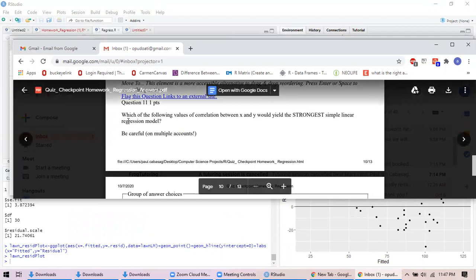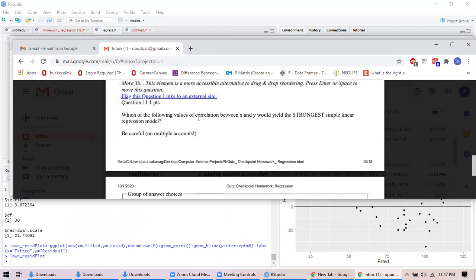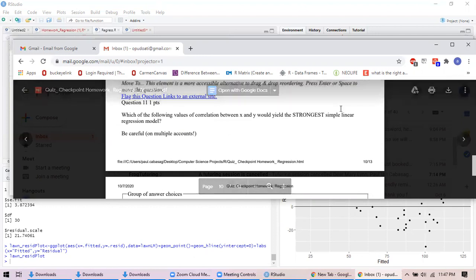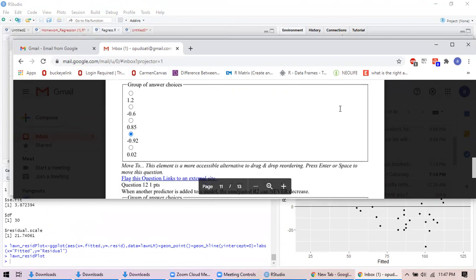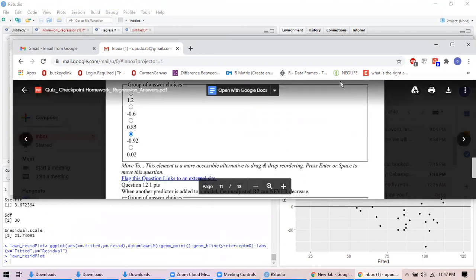Question 11: which of the following values of correlation between X and Y would yield the strongest simple linear regression model? You said that the closer it is to -1 or 1, that reflects a stronger relationship.